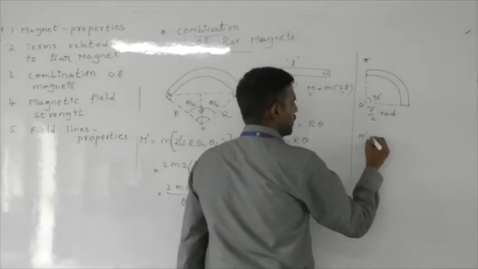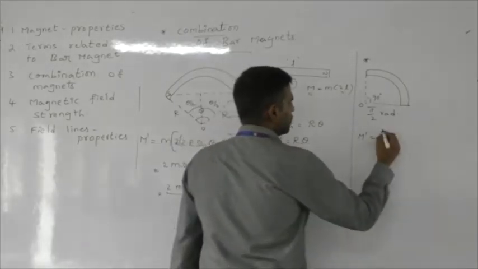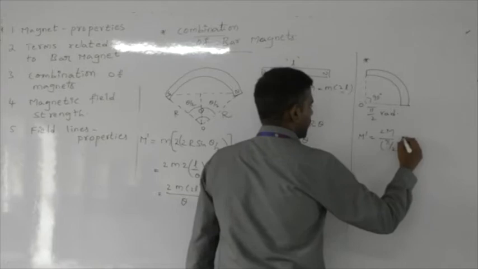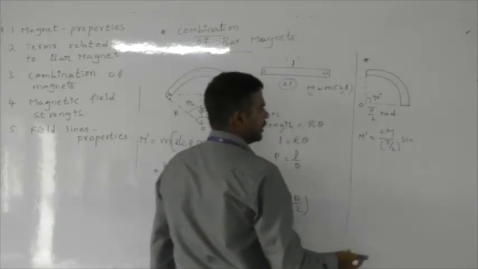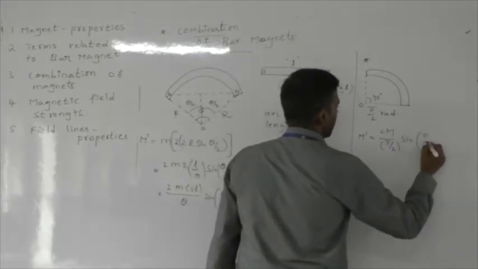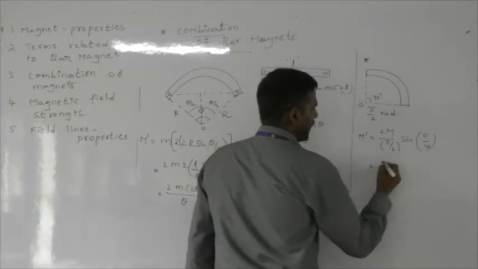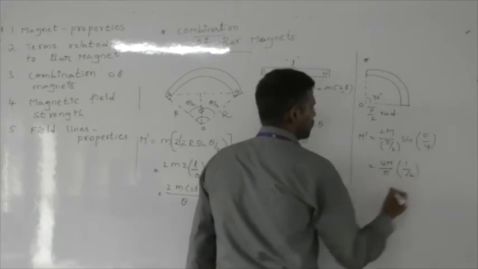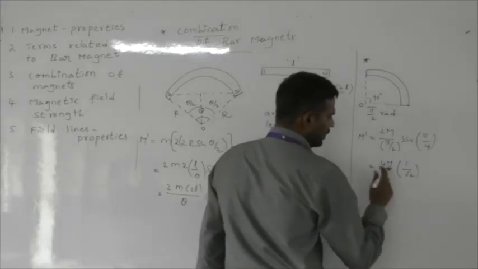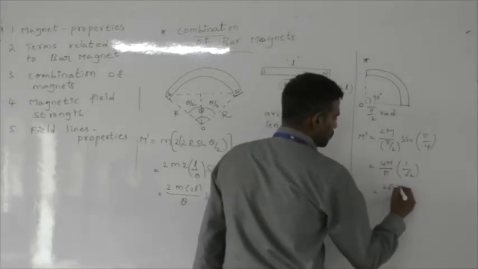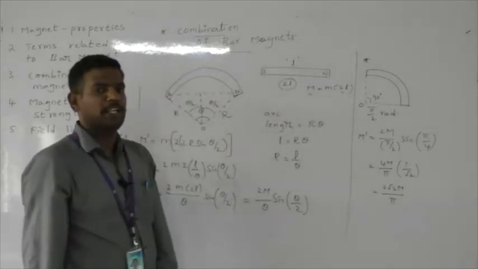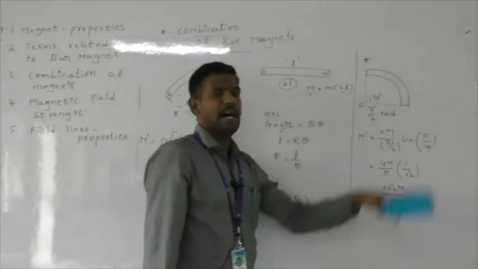It will equal 2m divided by theta, which is pi by 2 radians, multiplied by sin of theta by 2. Theta by 2 is how much? Pi by 4. And finally what do we get? 4m divided by pi into 1 by root 2. And this we can write as 2 root 2 m divided by pi. This is going to be the new magnetic moment for this arrangement.